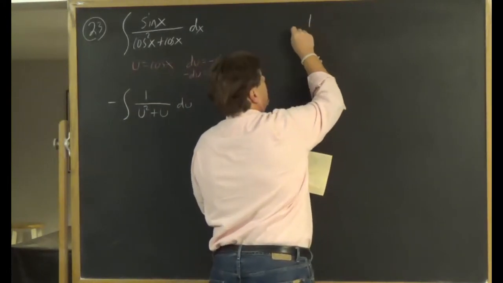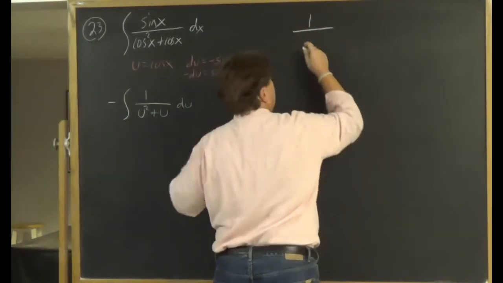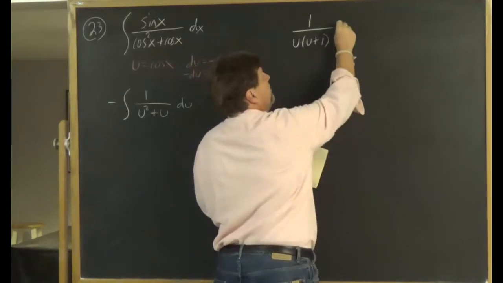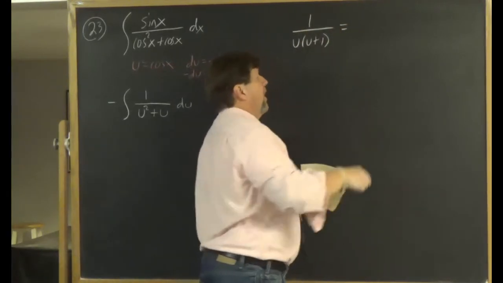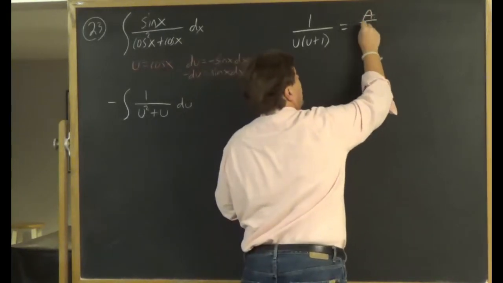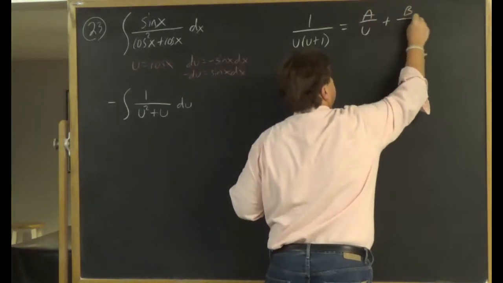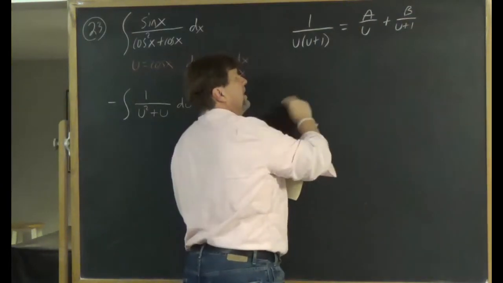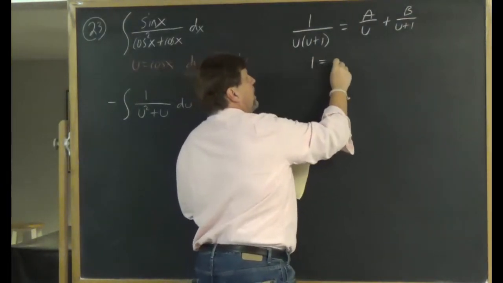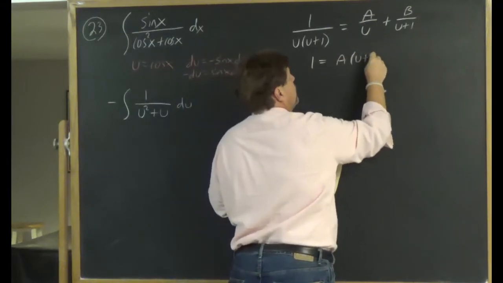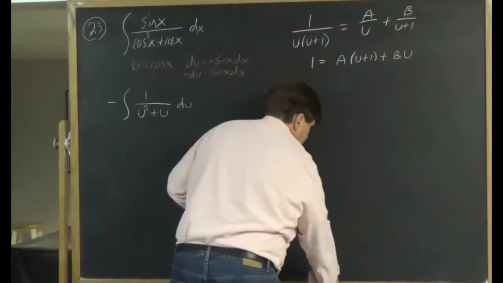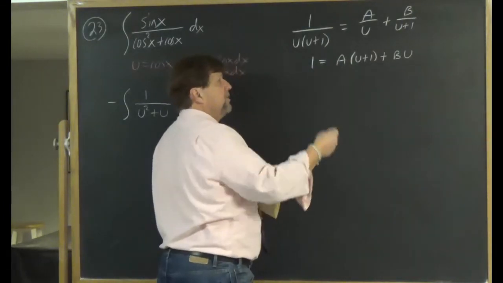1 over, well, let me go ahead and factor the denominator. That's u times u plus 1. Process of partial fractions, you'd have A over u plus B over u plus 1. Multiply both sides by the LCD to get 1 equals A times u plus 1 plus B times u. You pick convenient values for u.